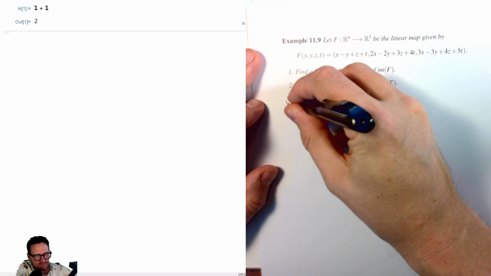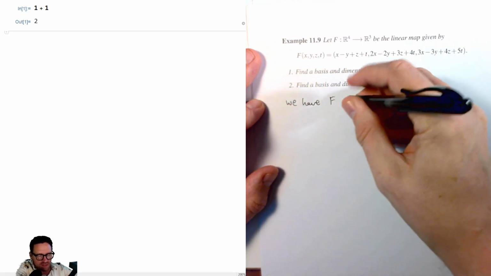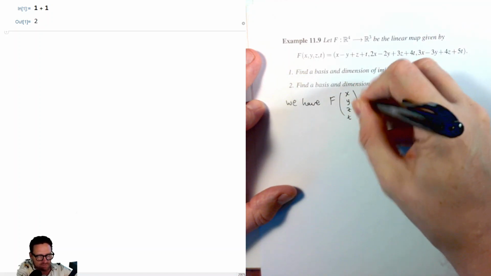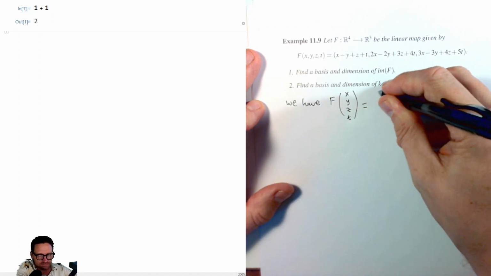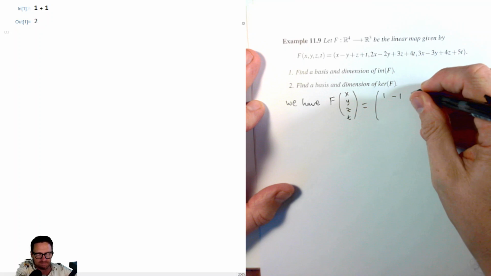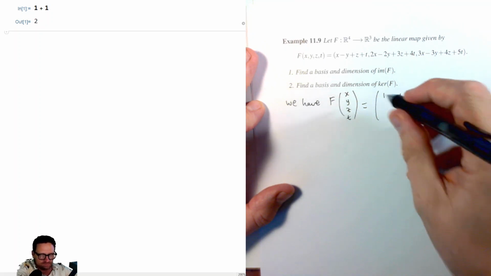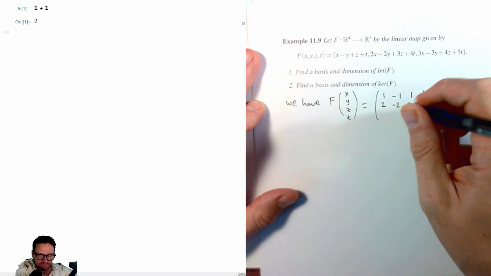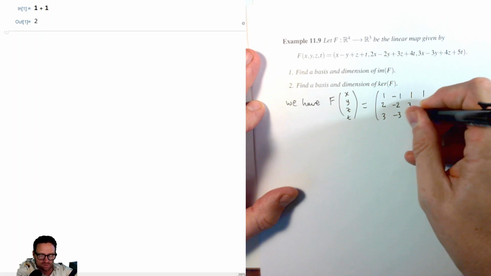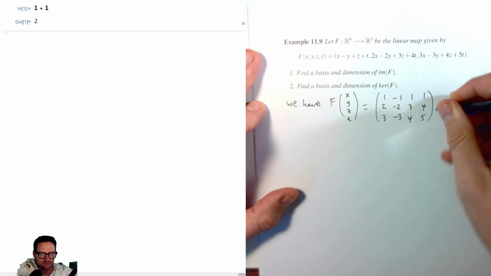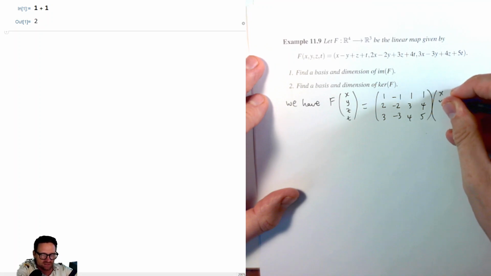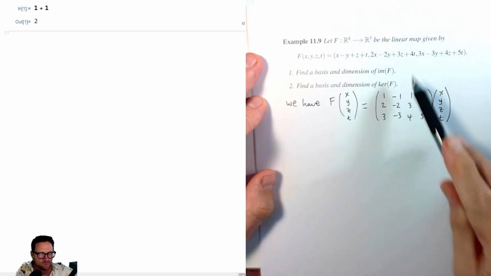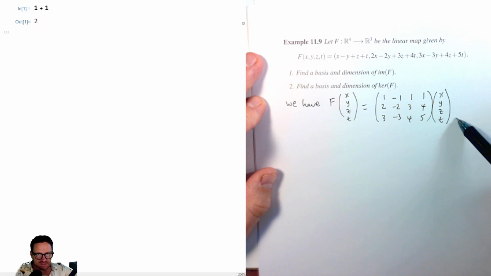So we have F, I'll write this vertically, is equal to 1, minus 1, 1, 1, 2, minus 2, 3, 4, 3, minus 3, 4, 5, times x, y, z, t. Okay, well, not quite. I mean, we would have to transpose all of this for this to be true, but it's easier to work with it this way.